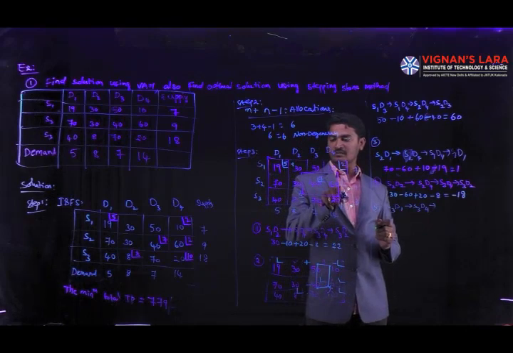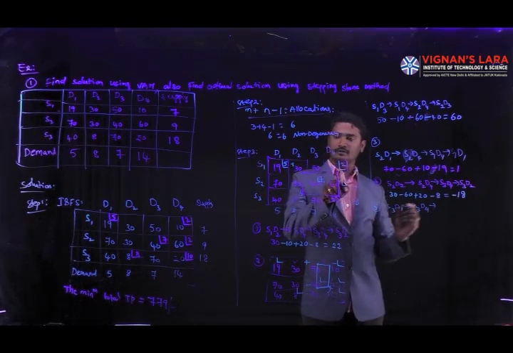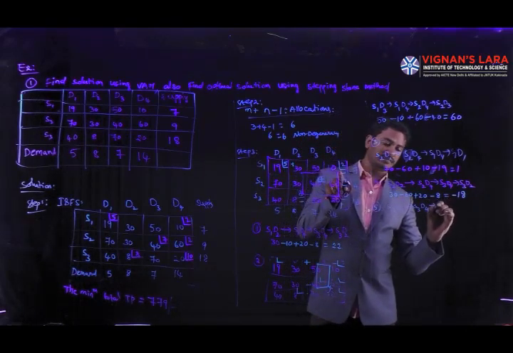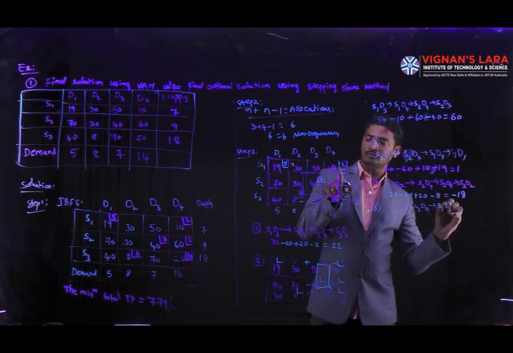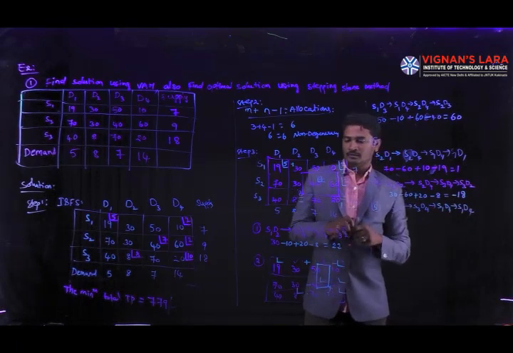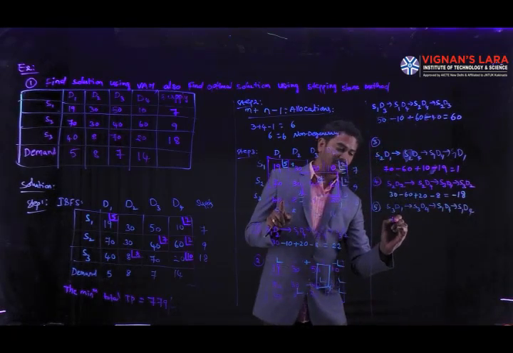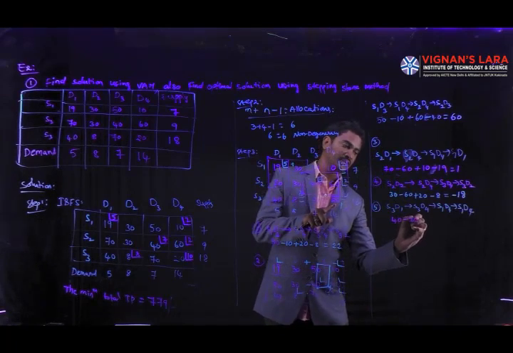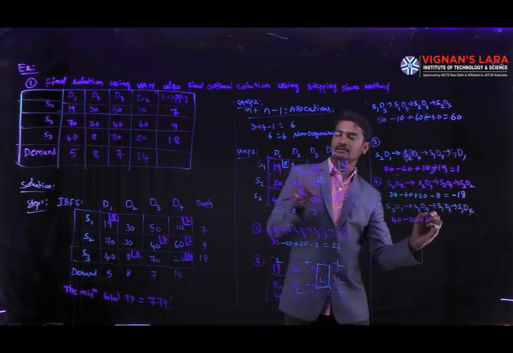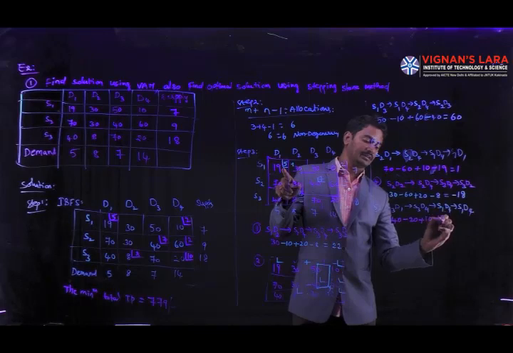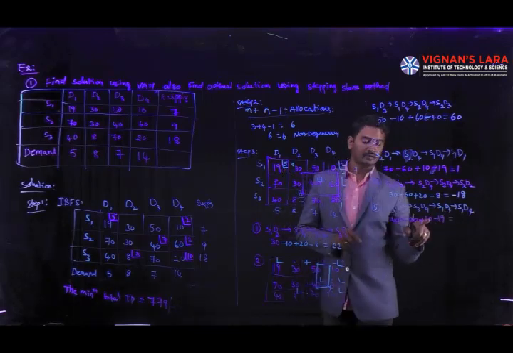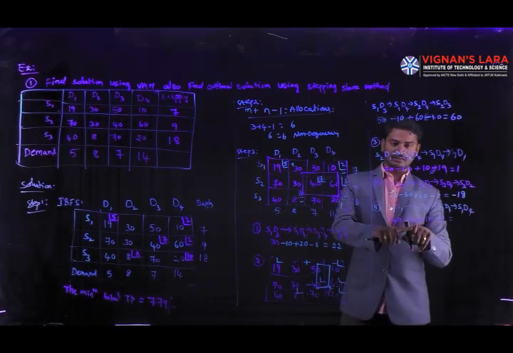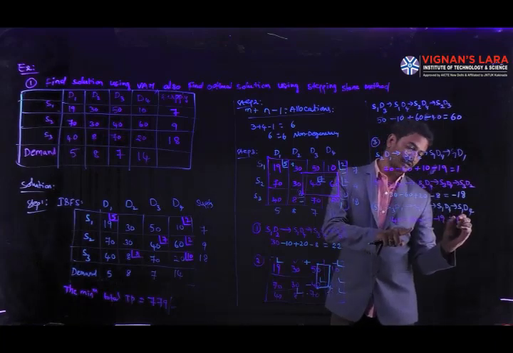Next, coming to S1 D4, next S1 D1. Here S3 D1 40 minus 20 plus 10 minus 19. Here the value is 50 minus 20, 30, 30 minus 19, 11 we are getting.